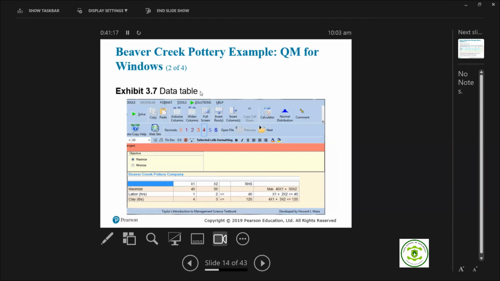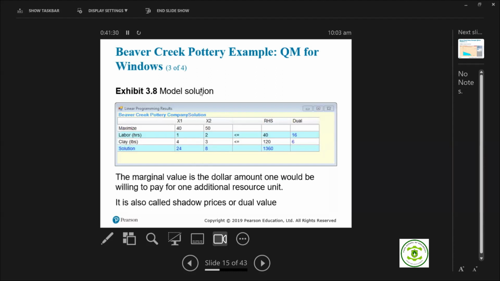If you want the ranging, you have constraints, whatever, they are all there. So it gives us the same solution.